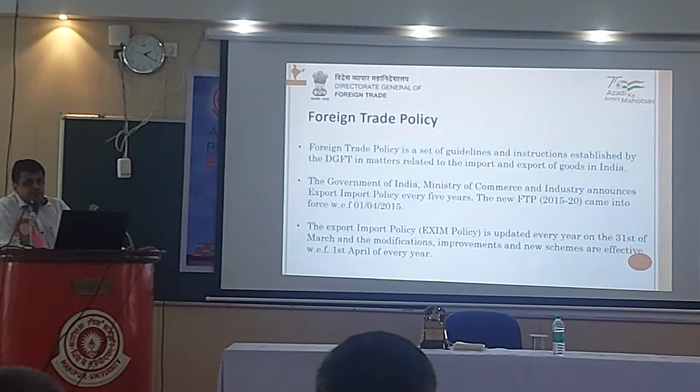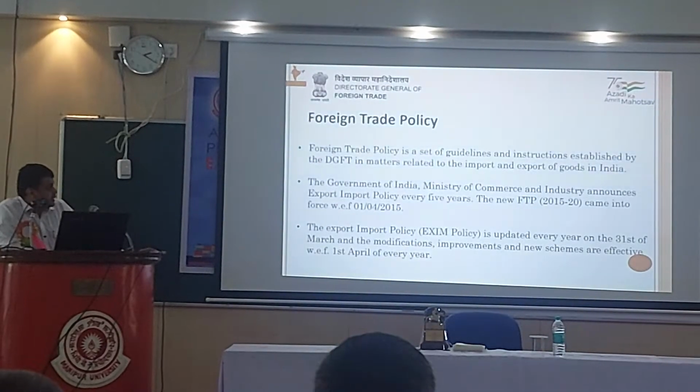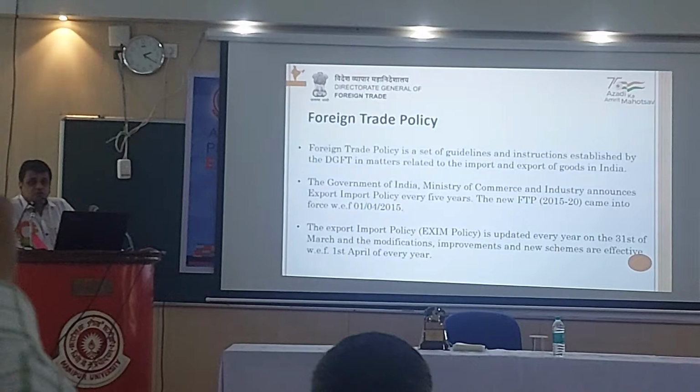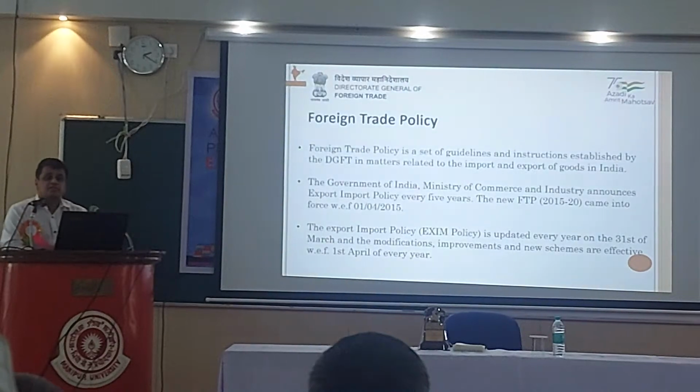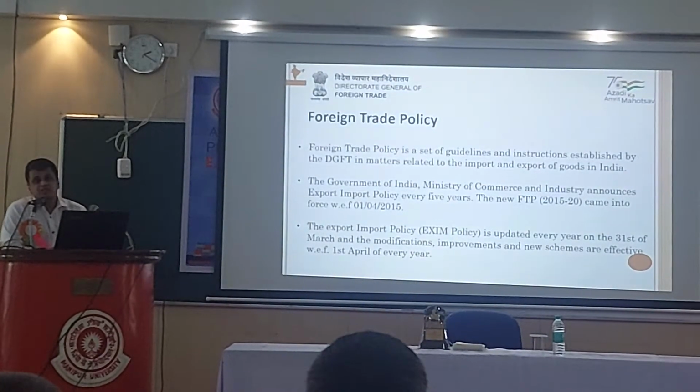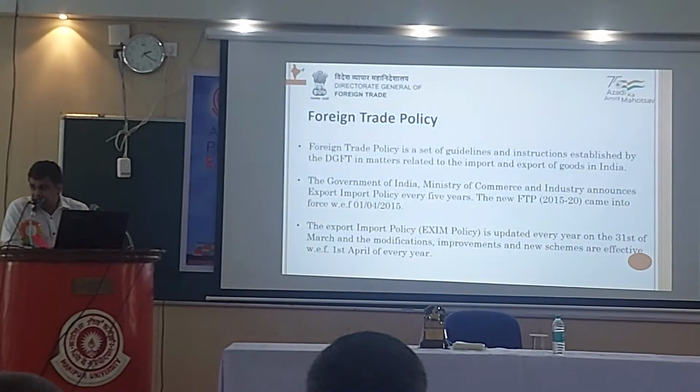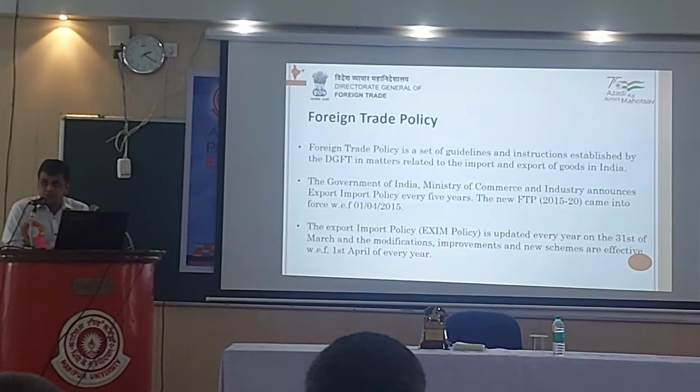So what is a foreign trade policy? It is a set of guidelines and instructions established by DGFT in matters related to import and export of goods and services in India. The present policy is 2015-20, still continuing and has been extended recently for 6 months, so it's now 2015 to 22.